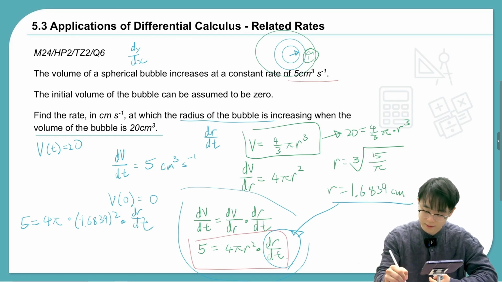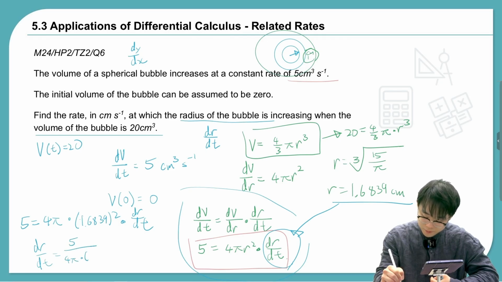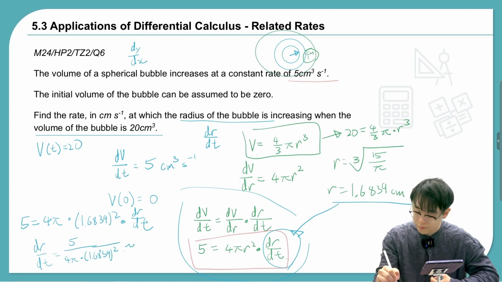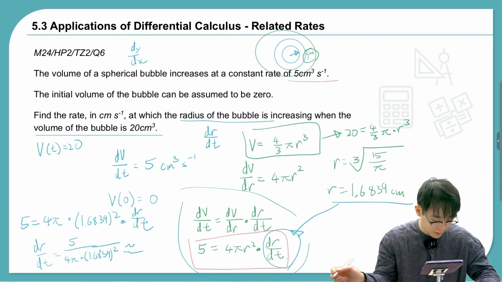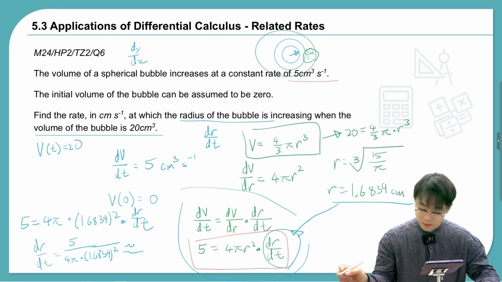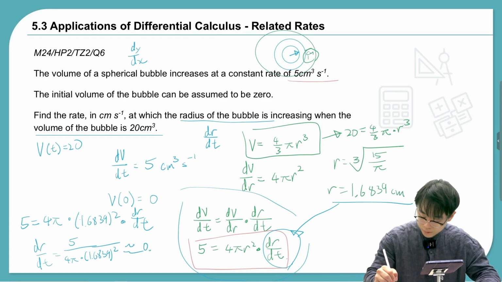So to get dr over dt, we would get 5 over 4 pi times 1.6839 squared. If you calculate that using your TI, that would give you 0.140 centimeters per second.